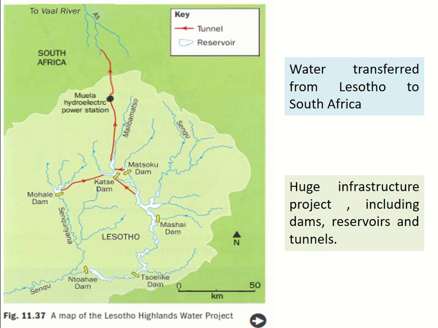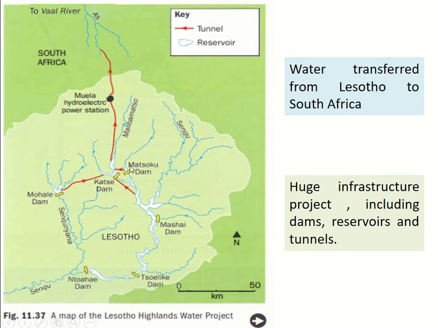And so you can see on this map here the general gist of what is happening. So we know that water is transferred from Lesotho to South Africa. And it is a huge infrastructure project, including dams, reservoirs, and tunnels. And on the map here, you can see those red lines are showing where the tunnels have been built to move the water out of Lesotho and into South Africa.